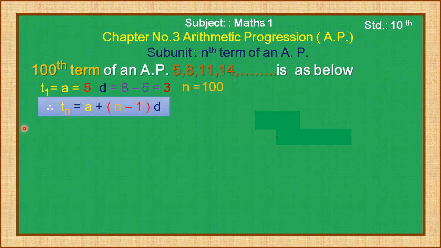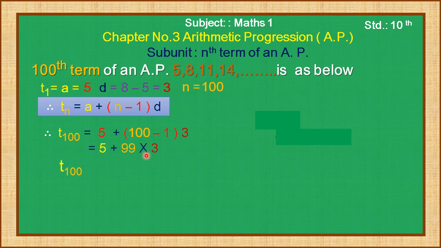We know the formula Tn equals A plus (N minus 1) into D. Now put the values: T100 equals A, which is 5, plus (100 minus 1), and the value of D is 3. Next step: 5 plus the subtraction of 100 minus 1, which is 99, into 3.